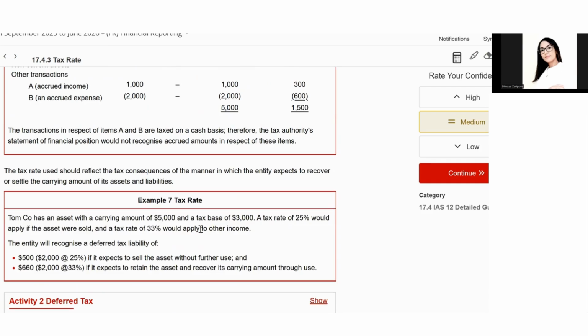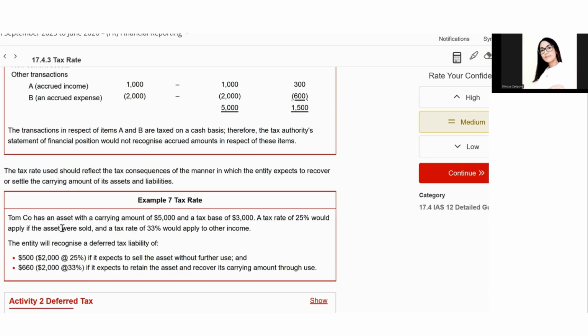So in the tax rate example, let's look at this one. Tomco has an asset with a carrying amount of 5,000 and the tax base of 3,000. Tax rate 25% would apply if the asset were sold, and the tax rate of 33% would apply to other income. So they have different tax rates, do you see? For one type of income, for another type.